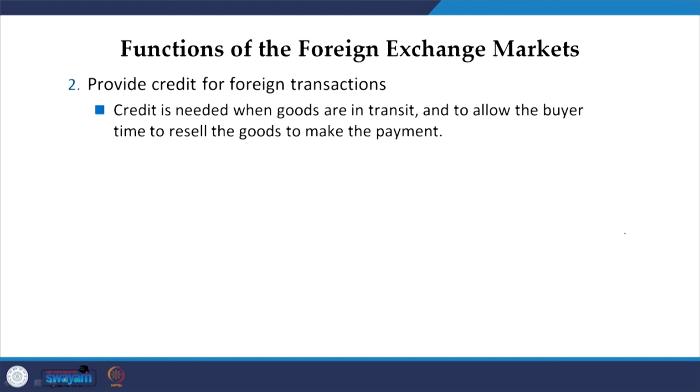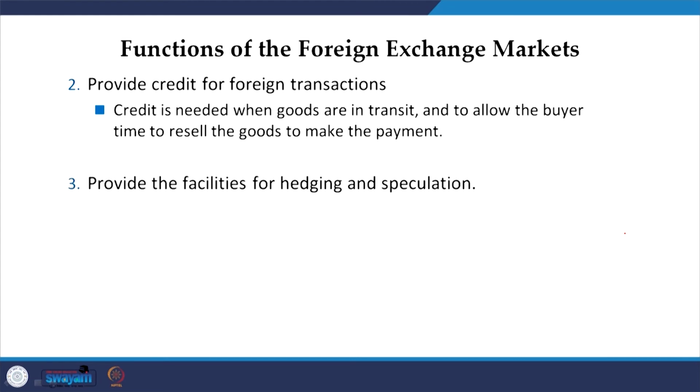Another function of the foreign exchange market is to provide credit for foreign transactions. Credit is needed when goods are in transit and to allow the buyers time to resell the goods for the payment. That is the reason why the credit concept is used, because it consumes time in between the transactions.